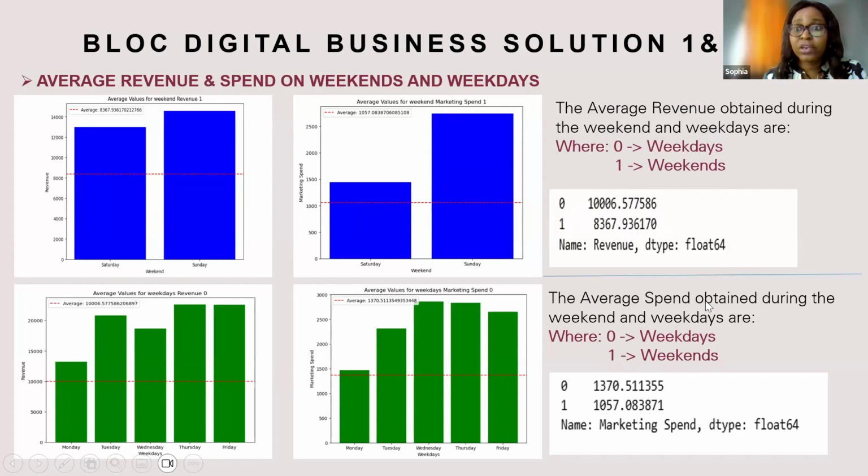And then the average spend obtained during the weekends and weekdays. We were told to find the average revenue and the average spend. For the spend, this is what I obtained using Jupyter Notebook, and this was what I obtained for the average revenue using the same Python Jupyter Notebook.